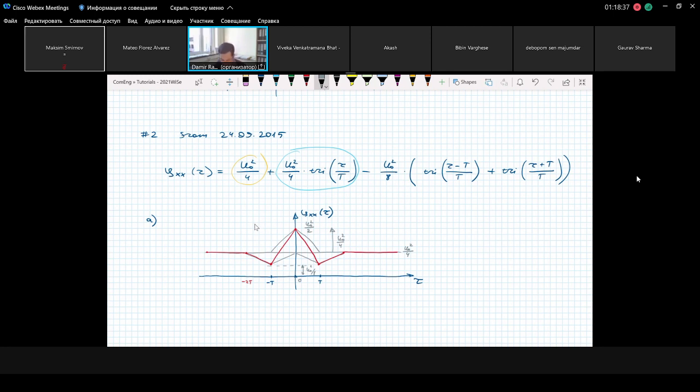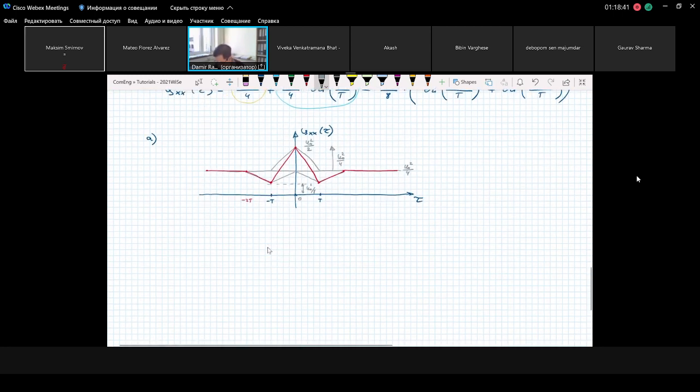Then we need to find the second moment of the random signal. We have only information about the autocorrelation function, but based on it, we can find the second moment.